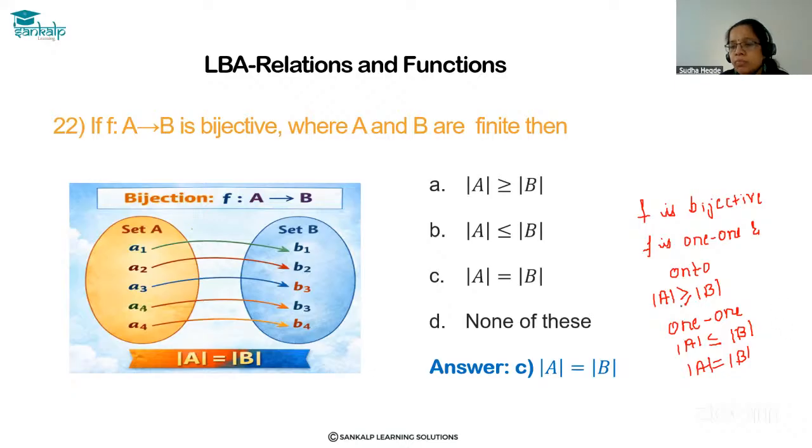So combine both conditions, you will get mod A is equal to mod B. Therefore, if a function is bijective, then the number of elements in the domain must be equal to the number of elements in the codomain, or cardinality of A must be equal to cardinality of B. So option C is the correct answer. Got it? Thank you.